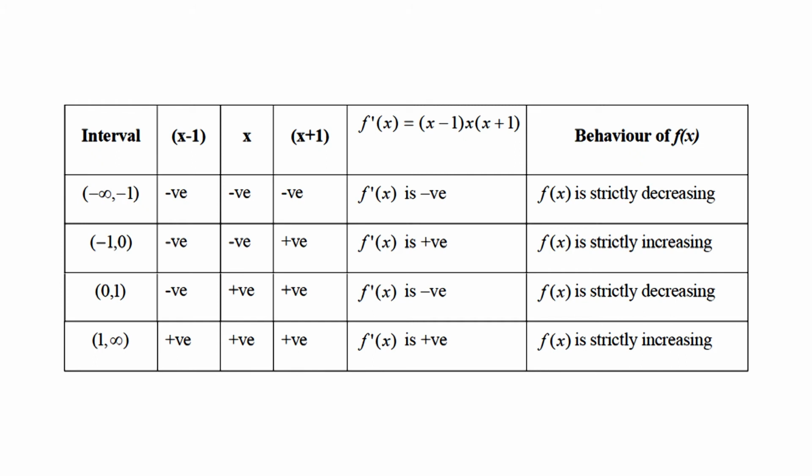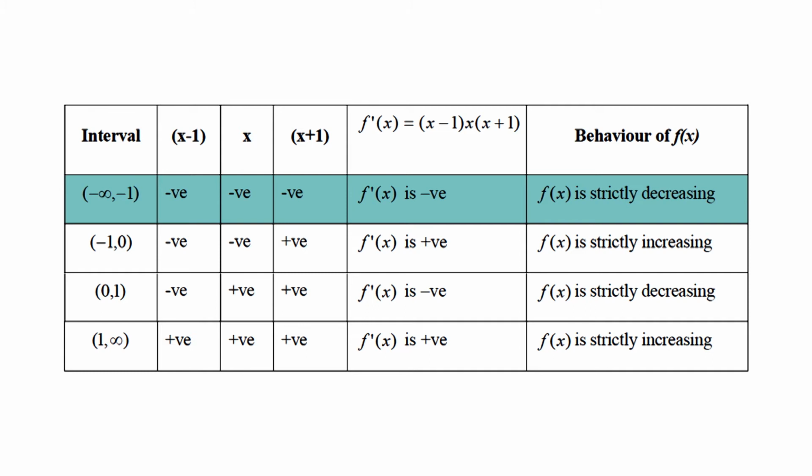Without taking particular points in each interval, the above conclusions can be drawn from the following table. In the interval minus infinity to minus 1, x minus 1 is negative, x is negative, x plus 1 is negative. Therefore, their product f'(x) equal to x minus 1 into x plus 1 is negative.